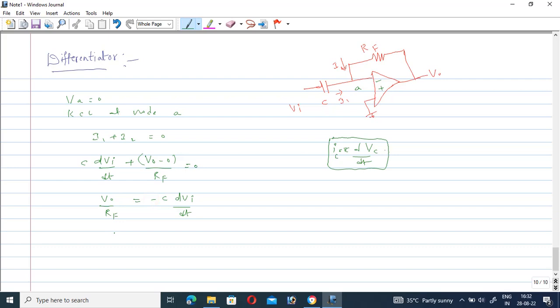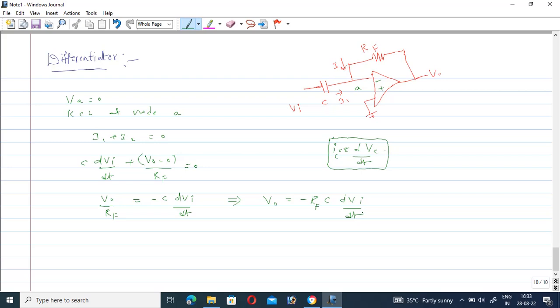Therefore, taking the Rf value to the right side, the output voltage V naught is equal to minus RfC into dVi by dt.